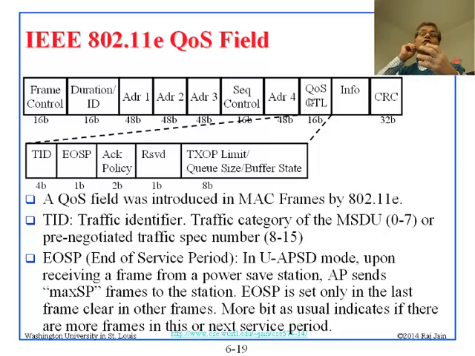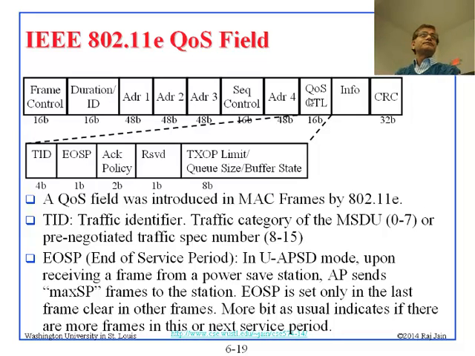Whatever you negotiated with the access point, and there is a whole set of management frames to negotiate that, where you tell the access point, I need this spec, and they say, okay, you get this. So there are traffic spec numbers, and you can give the number 8 through 15. When you send the frame, you can say this is going on traffic spec number 8. So whenever the number is more than 7, we know that this is not a priority. This is a traffic spec.